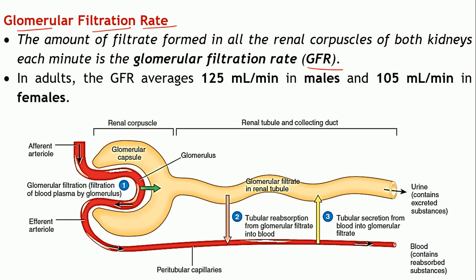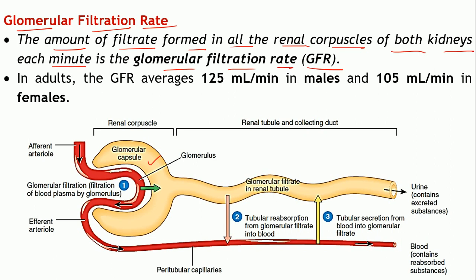This is the amount of filtrate which is formed in all the renal corpuscles of both the kidneys each minute. So per minute, how much filtrate is getting formed in both the kidneys? That is the glomerular filtration rate.